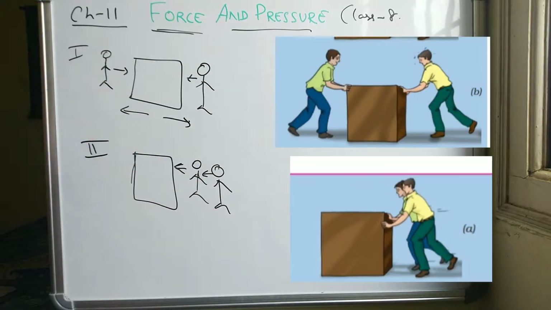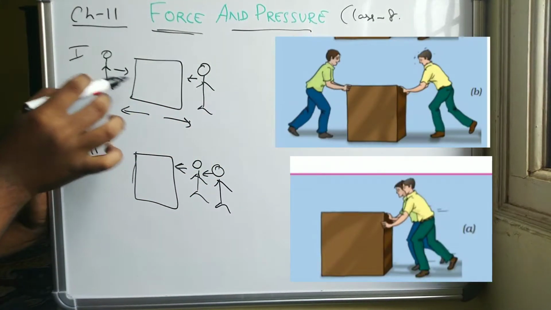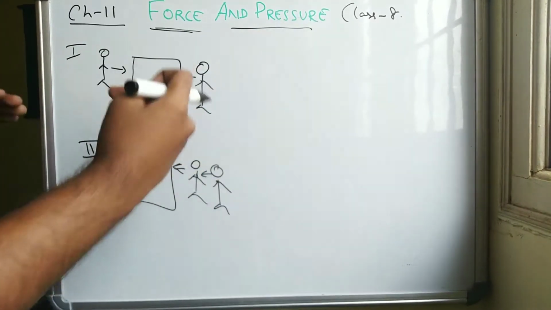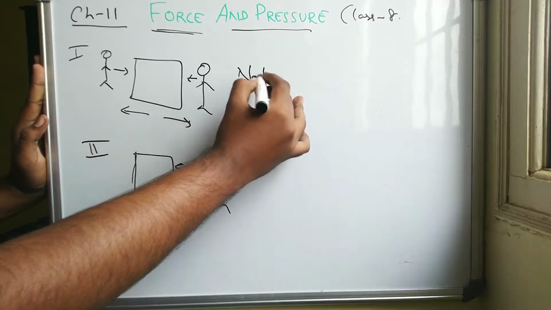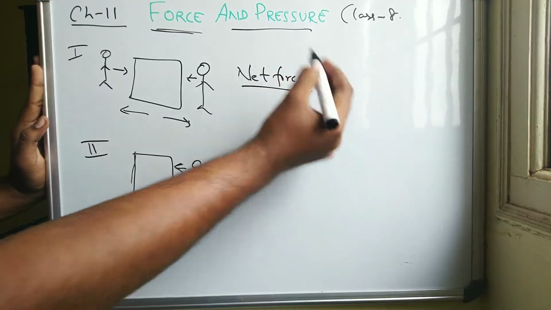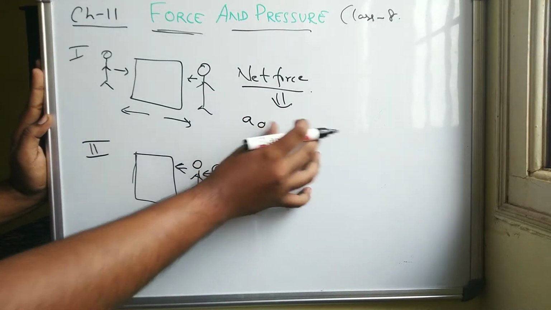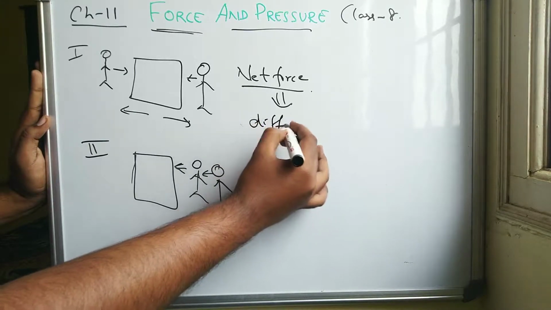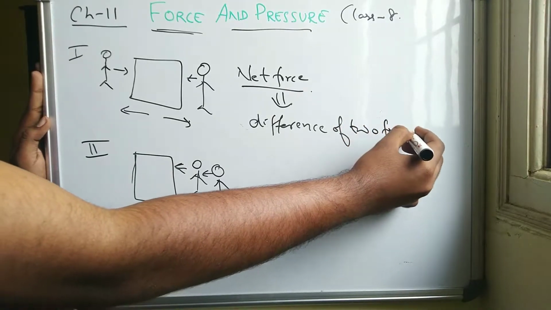Whenever force acts on a body from opposite directions, the net force, which tells where the body will move, will be a subtraction. That means the difference of two forces. Try to understand.